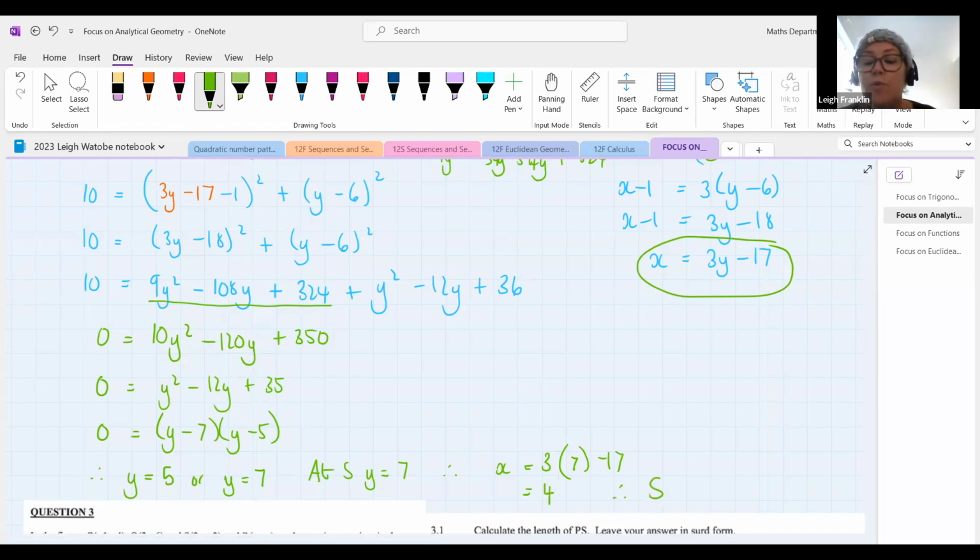So therefore, the coordinates at S are (4, 7). Is that making sense to everybody? Are we all good?